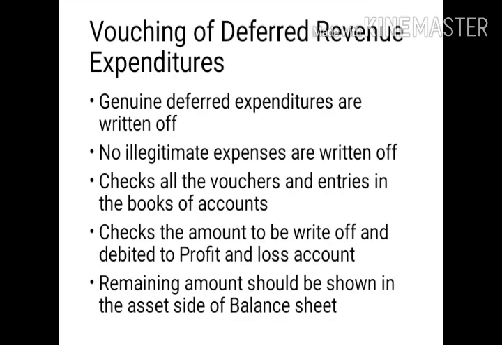The last and final topic to discuss here is vouching for deferred revenue expenditure. A deferred revenue expenditure is revenue in nature, but its benefit lasts for several years or subsequent years. It is incurred in this year or at the beginning of that particular year, but its benefit is going to be given over a long period.